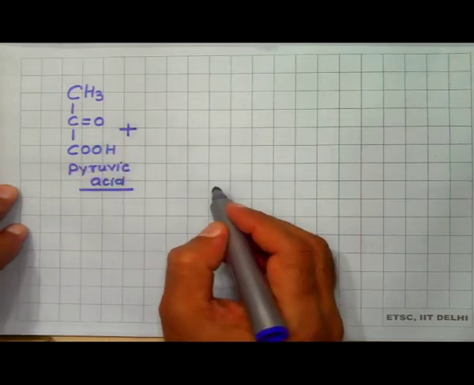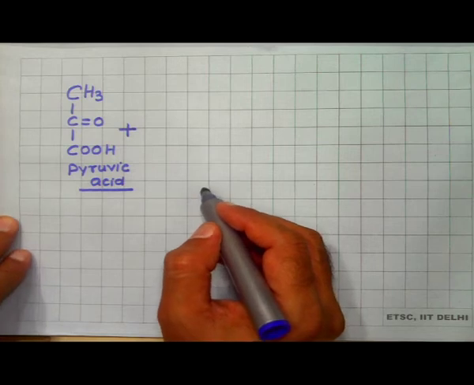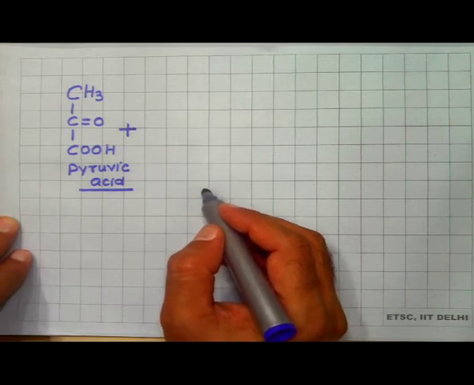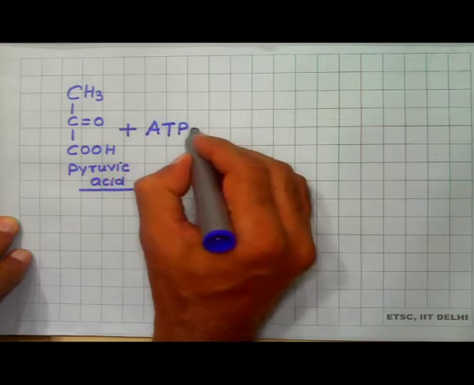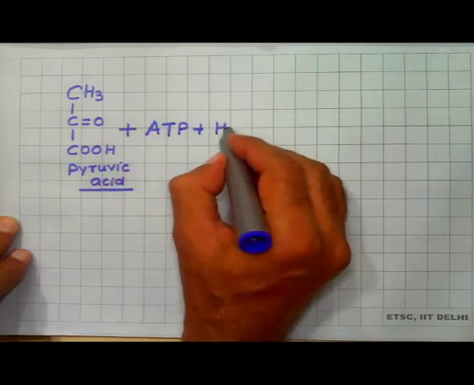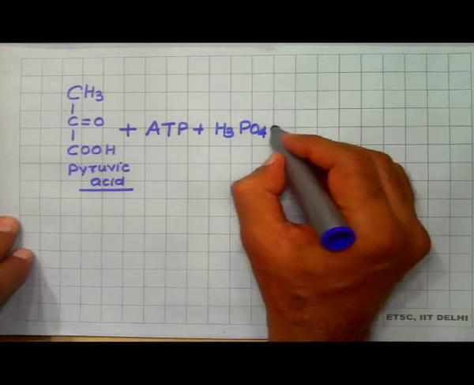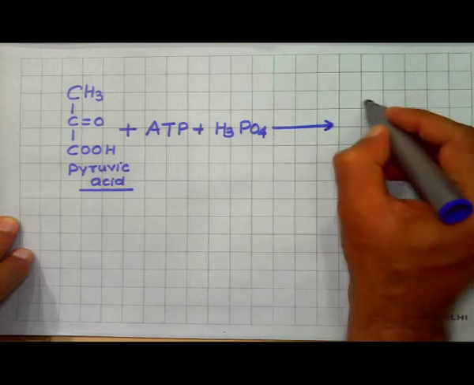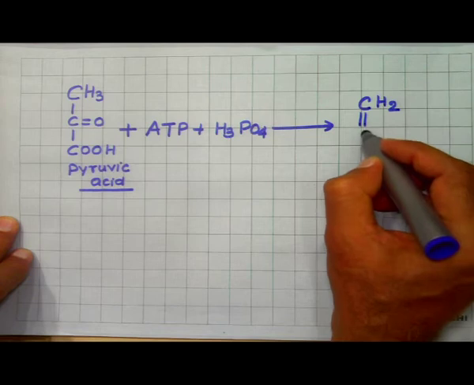It is formed by the conversion of glucose molecule into pyruvic acid. It is also called EMP pathway. It combined with ATP plus H3PO4, then it converted into phosphoenol pyruvate. Here is the double bond.